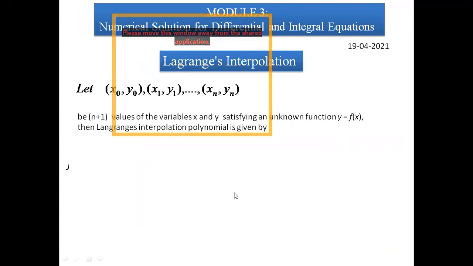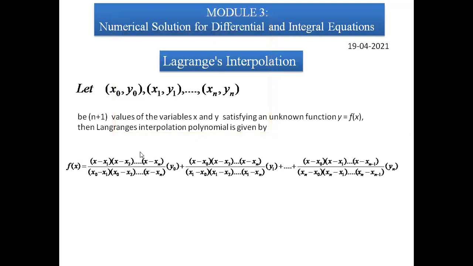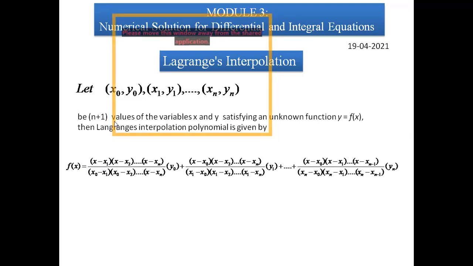And Lagrange's interpolation formula is given like this. It is a polynomial, let it be f of x. Here, the first term of this polynomial is given by the following. Where we need to estimate the value of y, let it be x. In the first term, except x0, you take the difference of x from all the other x values.